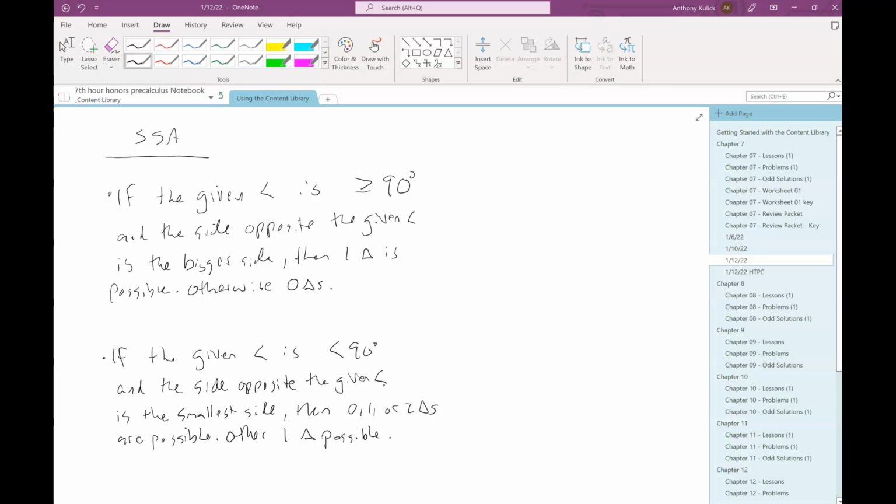Thinking about it this way is probably a little bit easier because we've just defined things as opposite the given angle, the side opposite it. It contains the same information. We've just summarized it in a way that's convenient to use.